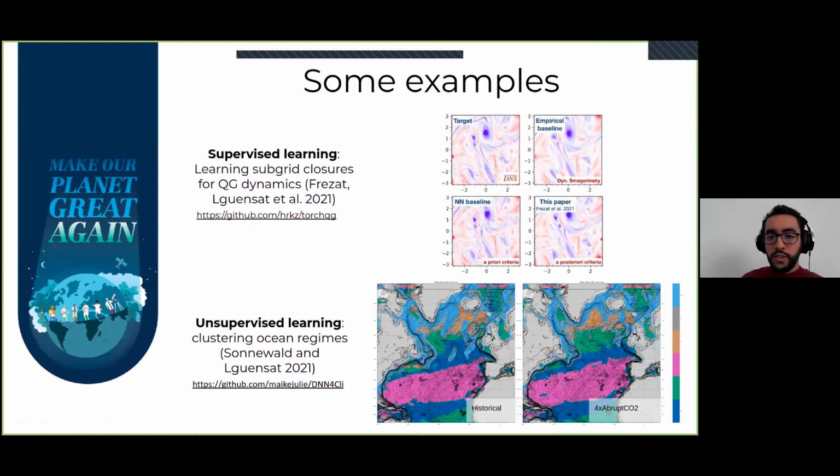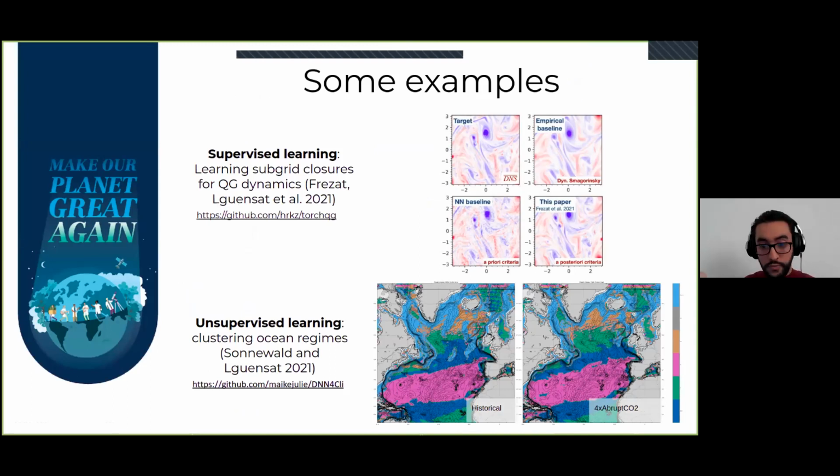So here I just cherry-picked some examples from some of my previous works using supervised learning and also unsupervised learning. Unsupervised learning, as the name says clearly, doesn't need a human supervision. It doesn't need a labeled data set. So it's another way of doing machine learning.